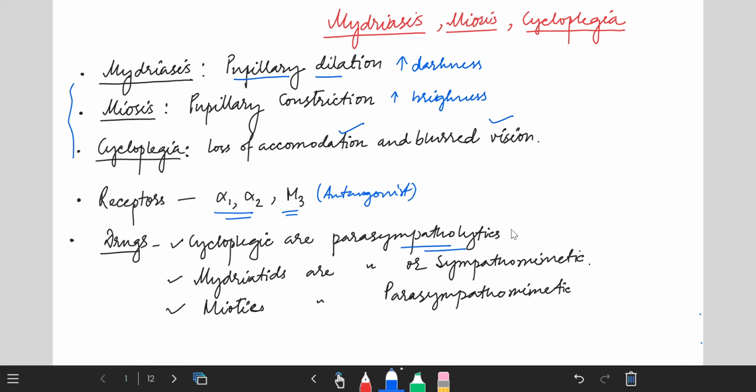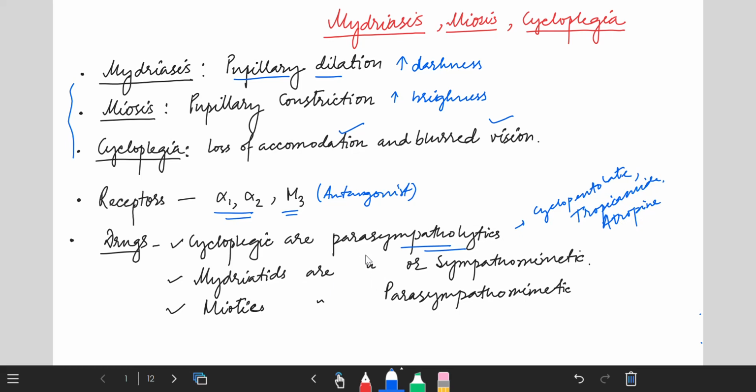These are cyclopentolate, tropicamide and atropine. This kind of parasympatholytic shows the mydriatic action and cycloplegic action.